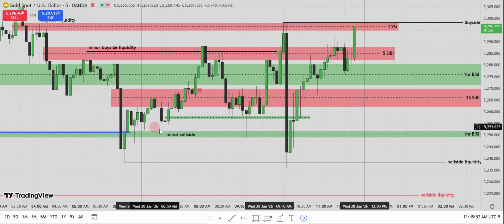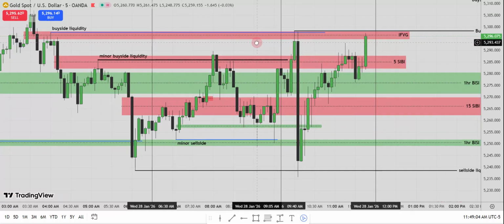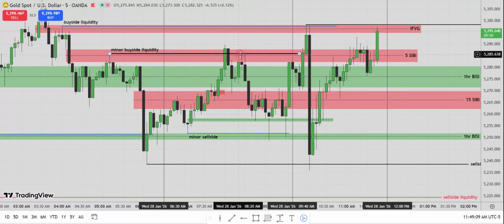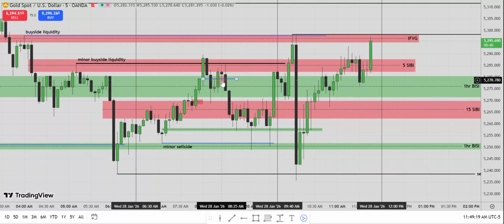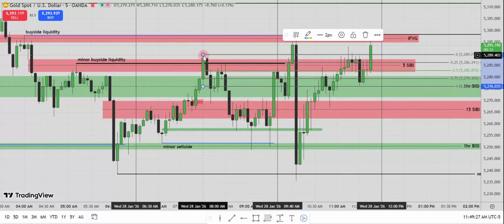You can see how price used the top of this 1 hour FVG, rallying up to this, and having this 5 minute FVG. You can see how the candlesticks are respecting, and this right here is an order block, not well painted out, but you can simply use the Fibonacci to point out the mean threshold.